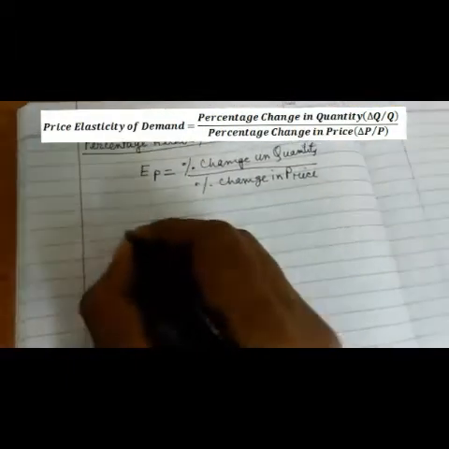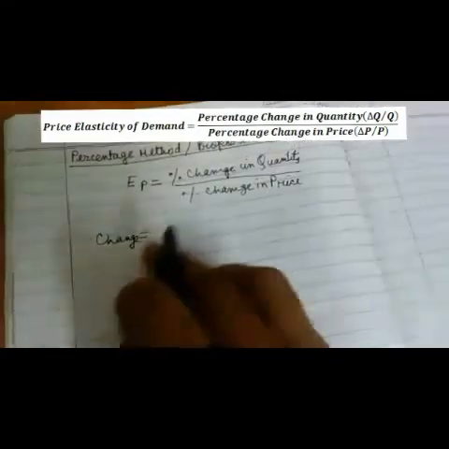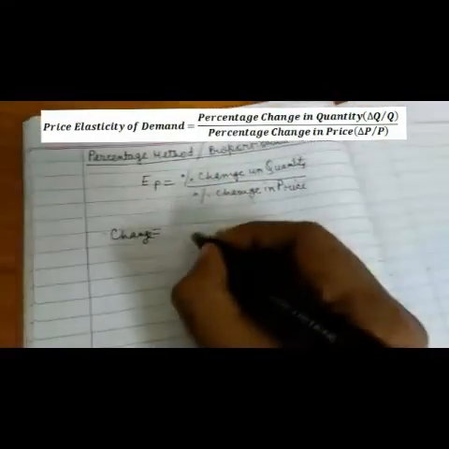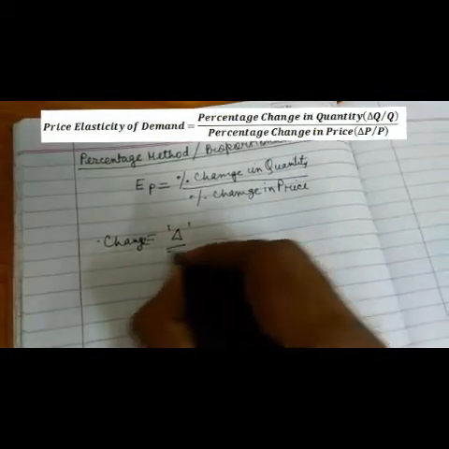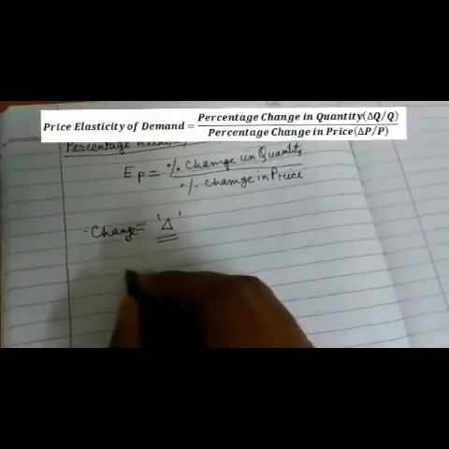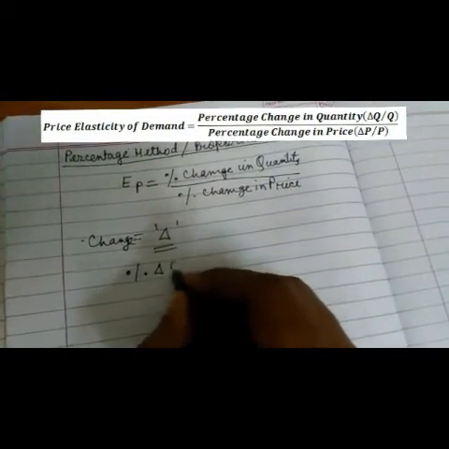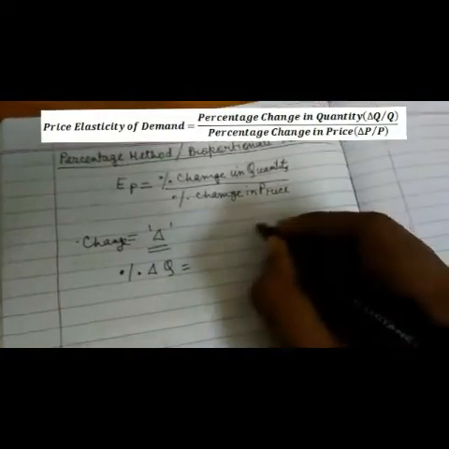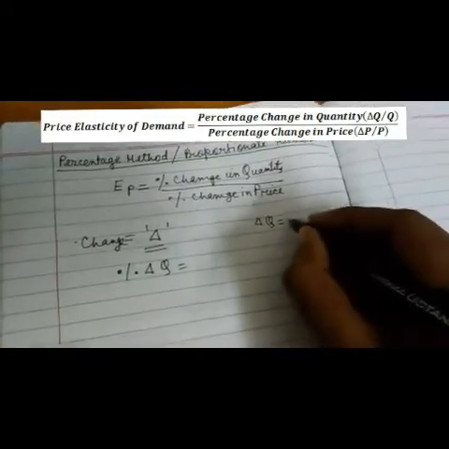Now, as you know, change in economics, and we have got it from calculus in maths, delta is called change. So now, rather than writing this, can't you write percentage change in quantity? Yes. So what is del Q? You know that. We have done it for marginal utility.